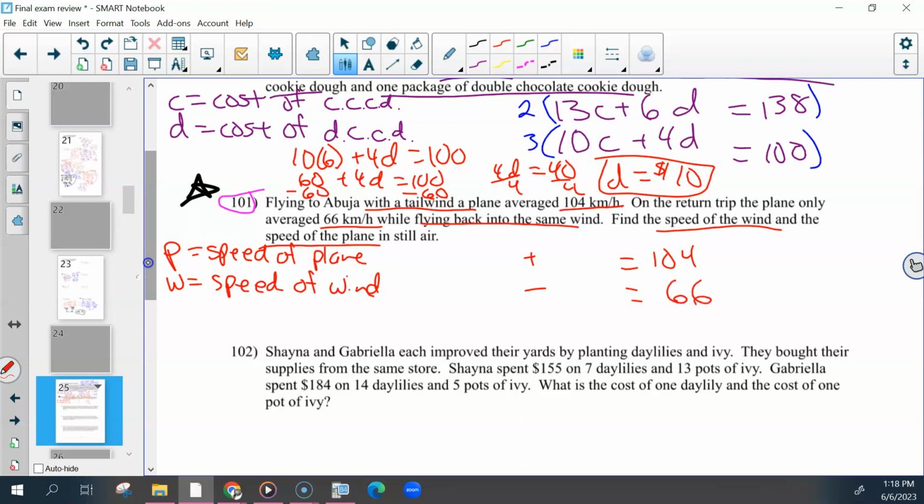We aren't given any other numbers, so we're not putting in extra numbers that aren't there. So we're just going to use the variables, P plus W and P minus W. Because in the second one, we're not getting that wind, so we have to subtract them.